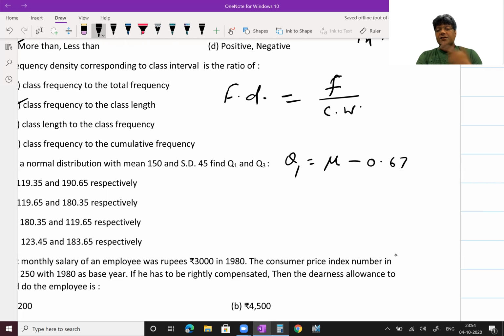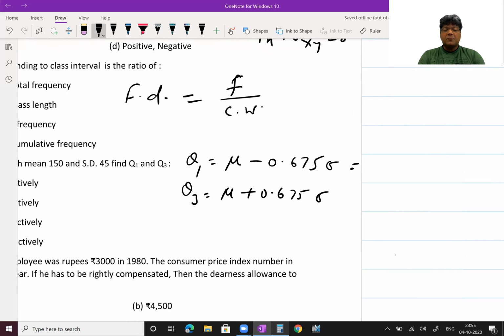But your ICAI book is writing 0.675, so we will also write 0.675. If I'm taking your ICAI values, maybe it will not come exact, maybe it will be approximate. Q1 is mu minus 0.675 sigma, and Q3 will be equal to mu plus 0.675 sigma.